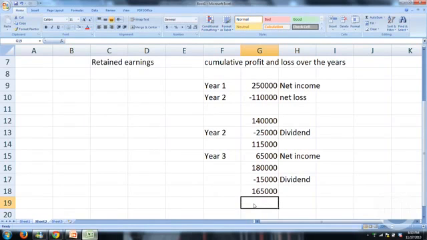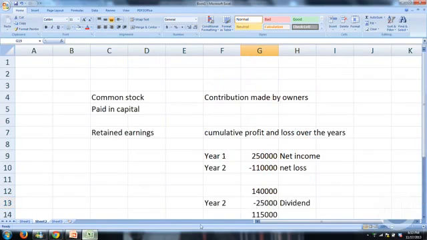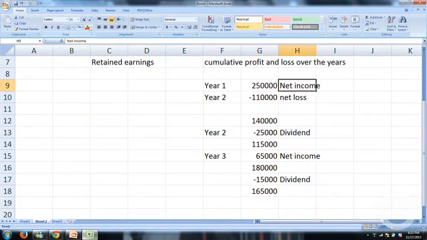The reason I'm doing this is to show you the main accounts that affect retained earnings, and those are net income, which is affected positively. It increases retained earning. The company starts with zero retained earning. Then net loss reduces retained earning. Dividend reduces retained earning. Those are the three accounts that mainly affect retained earning.